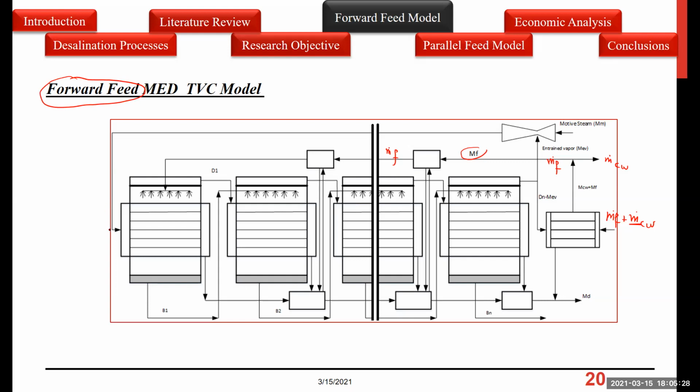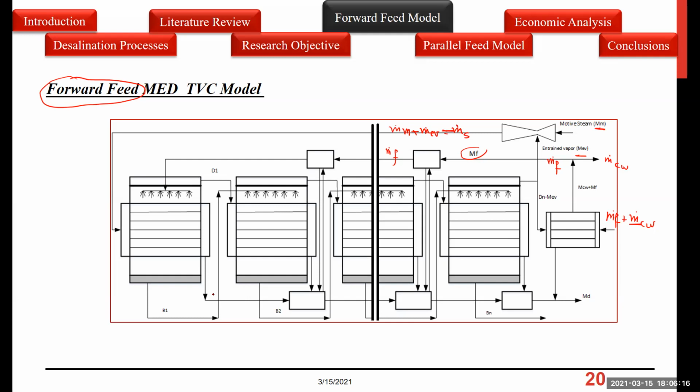The steam here, which is reaching the first effect, is a combination of m dot motive plus m dot entrained vapor, sometimes you like to call them m dot... That's the condenser.